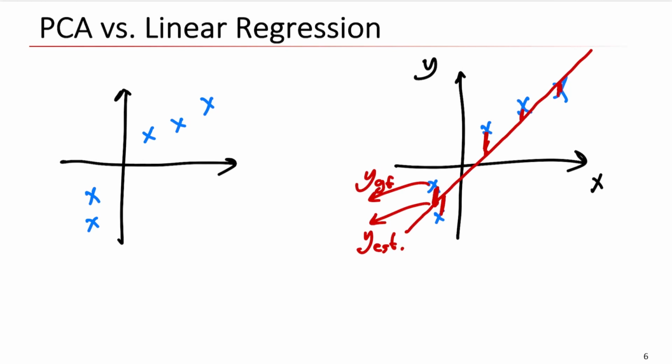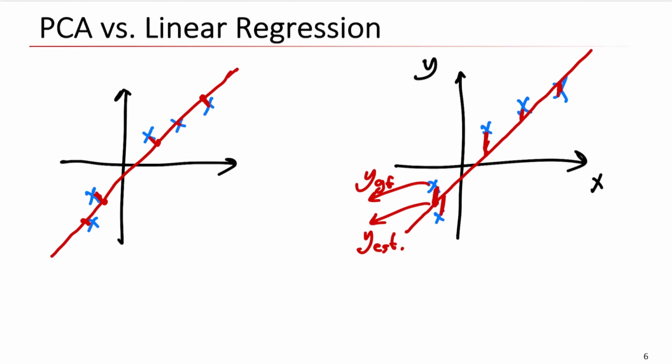So this is the linear regression problem, and in the PCA, we want to find the mapping that has high variance when each sample is projected onto the red line here.